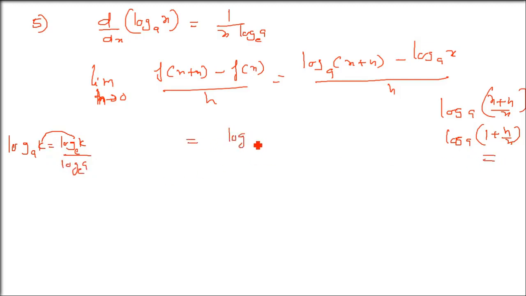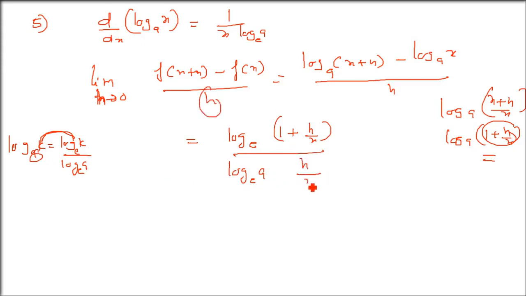So we can write this as log base e of 1 plus h by x, divided by log a. Now h is there, so divide by x and multiply by x.